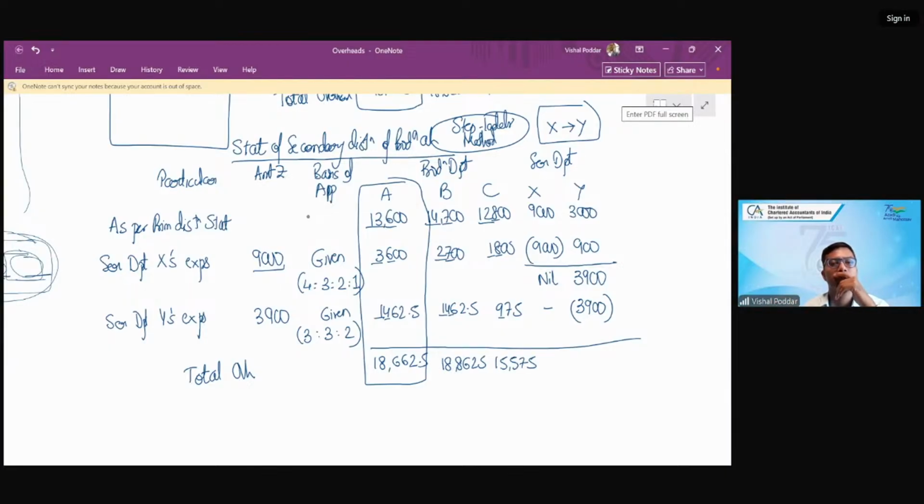Right, students? Jaya had already given me these figures. Yes, so they are matching.